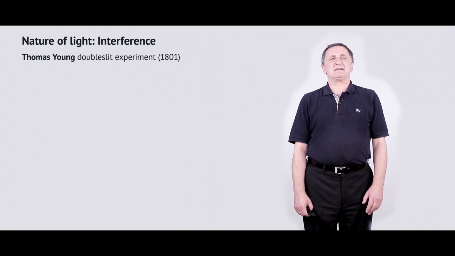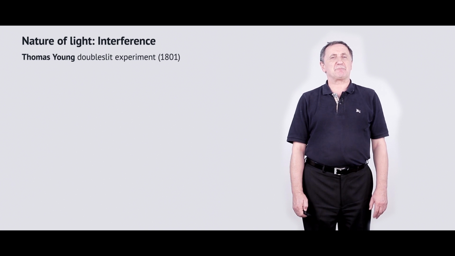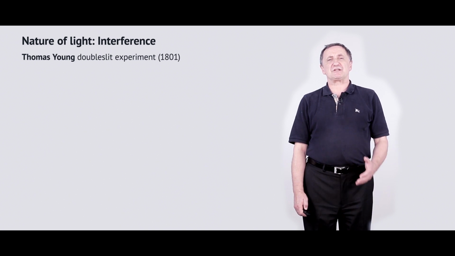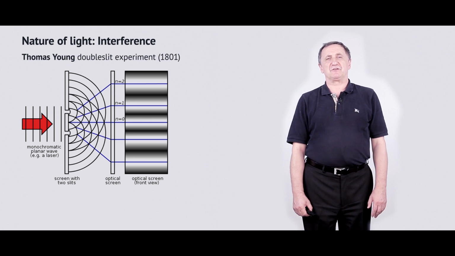But for us now, the wave type of behavior of photons is more important, and the famous Thomas Young double-slit experiment, where for the first time he observed the interference phenomenon.